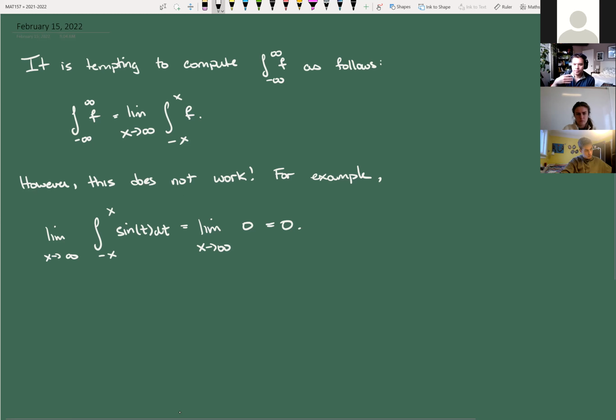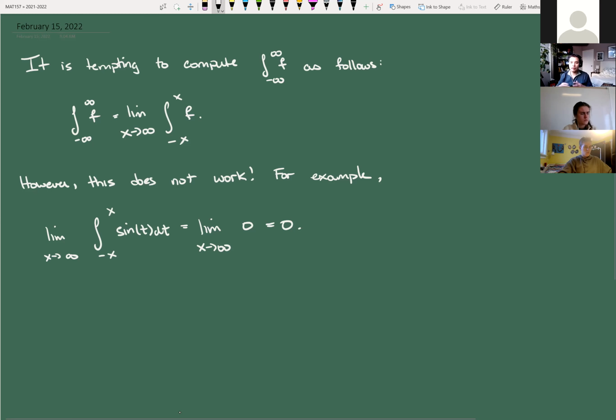In theory, it shouldn't matter if I went from negative x to x. What if I'd done negative x to 2x? If I'd somehow integrated the right-hand side twice as fast as the left-hand side, that really shouldn't make a difference, right? If this integral converges, it shouldn't matter that I did the right-hand side twice as fast. But in the case of sine, if you did the integral from negative x to 2x, the limit does not exist.